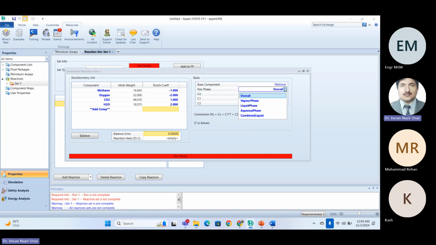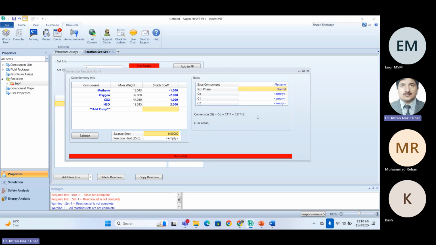Reaction phase: overall. You can change the appropriate phase. Overall means we are not very much concerned with the phase here. Whatever the phase may be, the reaction is seen in an overall picture. Now here, this is very interesting: the formula says that conversion is calculated as C0 plus C1 times temperature plus C2 times temperature squared.